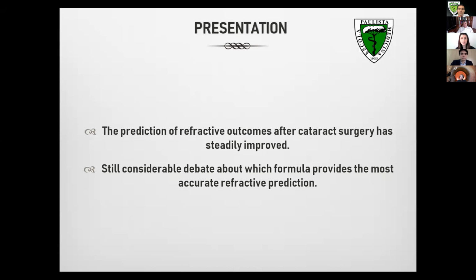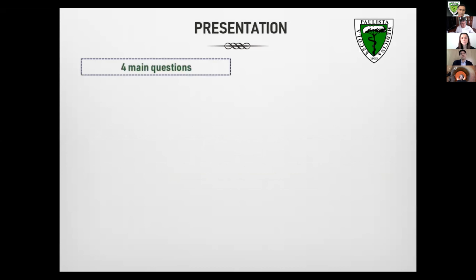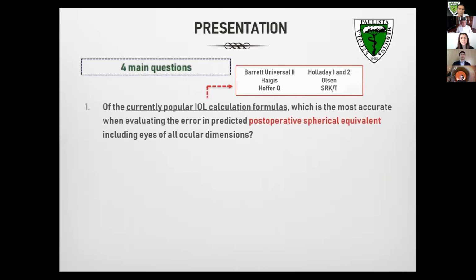The prediction of refractive outcomes after cataract surgery has steadily improved, but there is still considerable debate about which formula provides the most accurate refractive prediction. So they asked four main questions for the study. The first one is, of the currently popular IOL calculation formulas, including Barrett Universal 2, Haigis, Hoffer Q, Holladay 1 and 2, Olsen, and SRK/T, which is the most accurate when evaluating the error in predicted postoperative spherical equivalent, including eyes of all ocular dimensions.